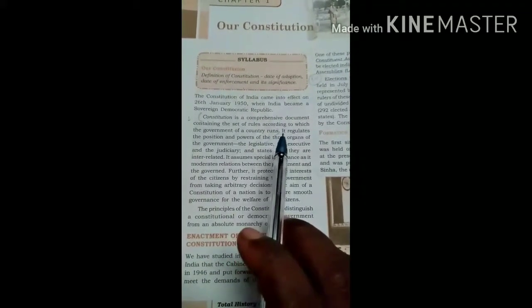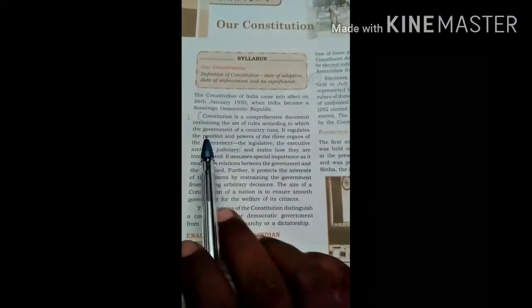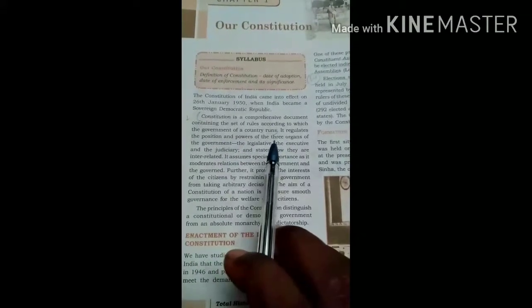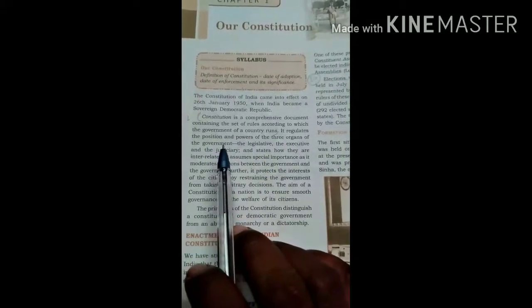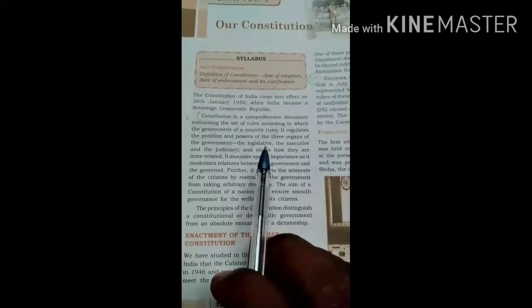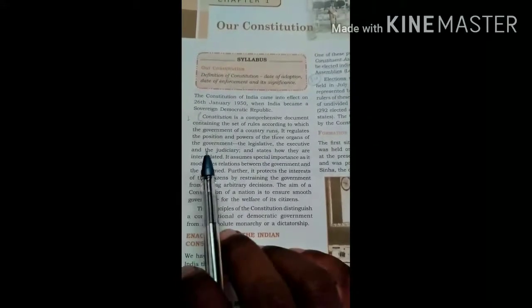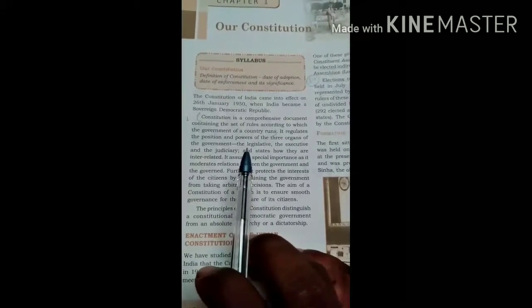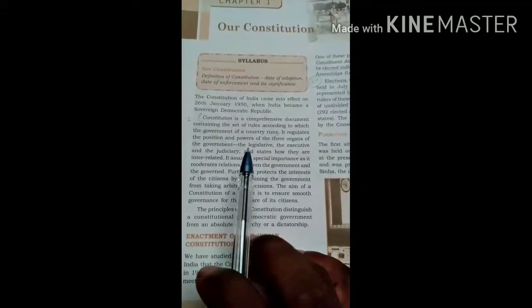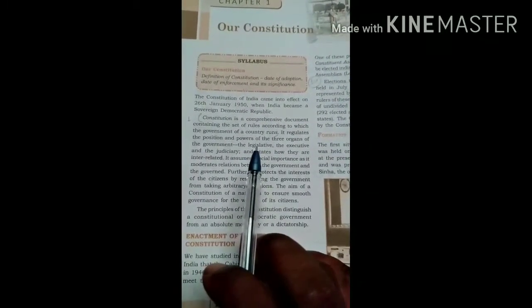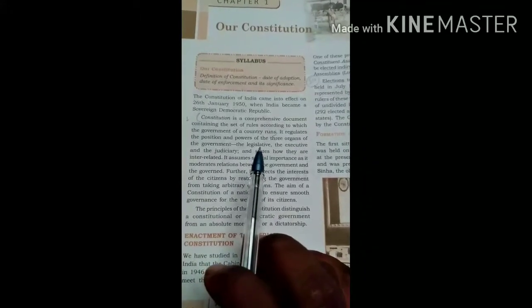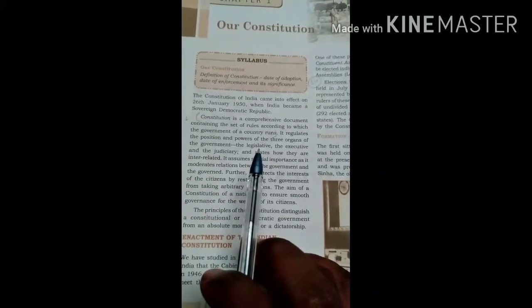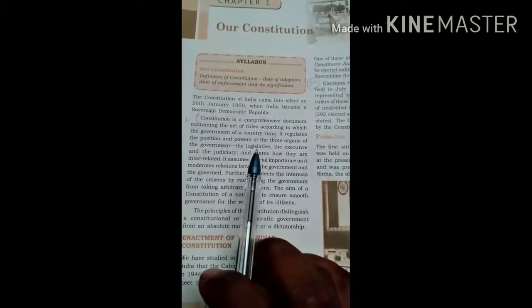It regulates the position and power of the three organs of the government: the legislative, the executive, and the judiciary. So, in the Constitution, the government has been given three different powers, that is the legislative power, executive power, and judiciary power.